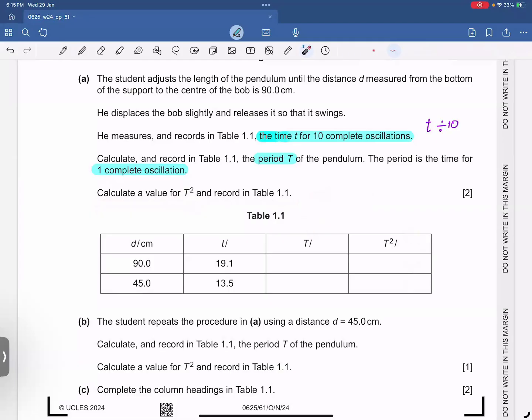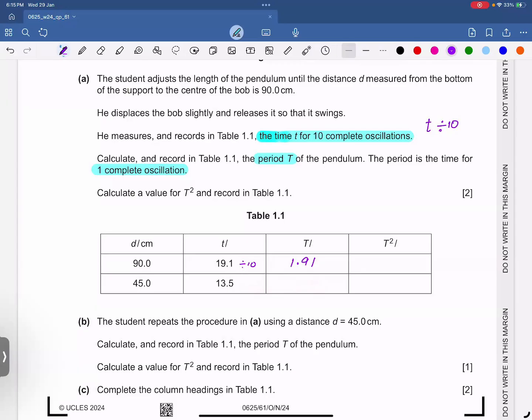So let's start with the time period, t. You divide this number by 10 right here. Also divide this number by 10, you write here, because we want to find the period. So the first one is going to be 19.1. You divide by 10, 1.91. And you take it square, 1.91 square, that is 3.6481.